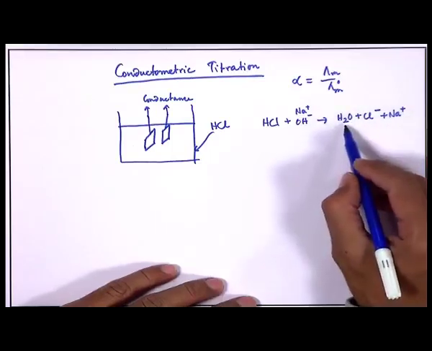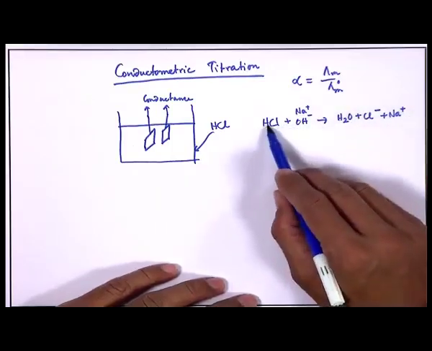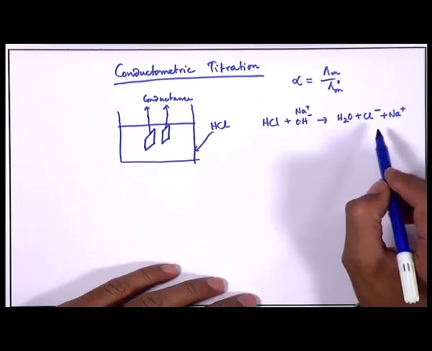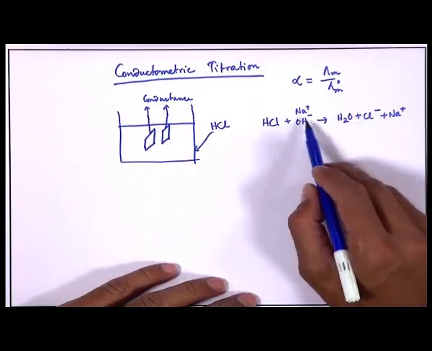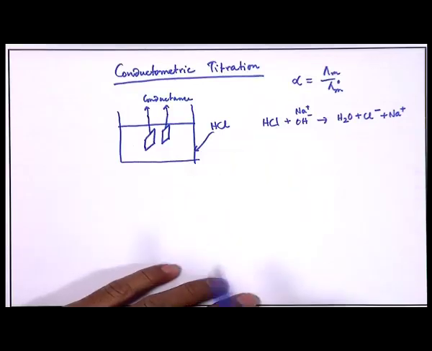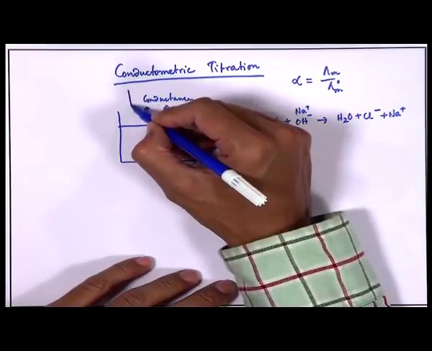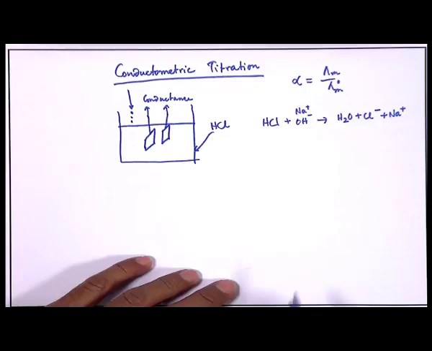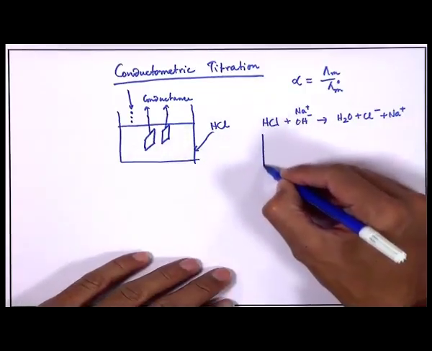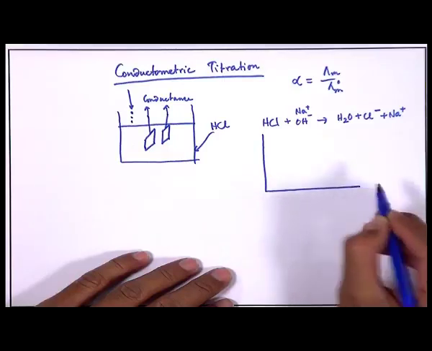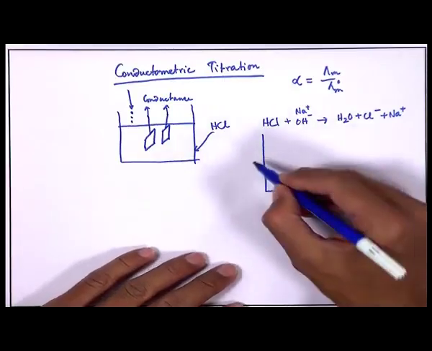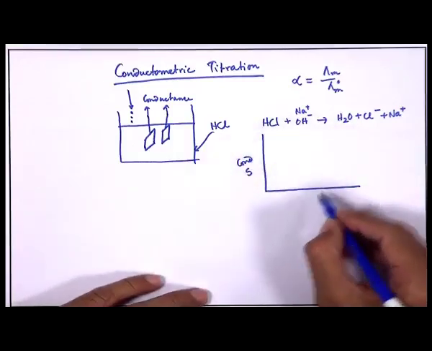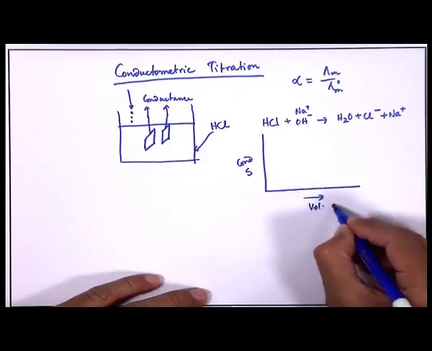This will continue until all the H plus ions are exhausted, and beyond this equivalence point there will be some excess of OH minus and Na plus, depending on how much excess you have added. So, you are adding this alkali solution drop wise from the burette, and you measure the conductance of the solution, in Siemens, against the volume of alkali.